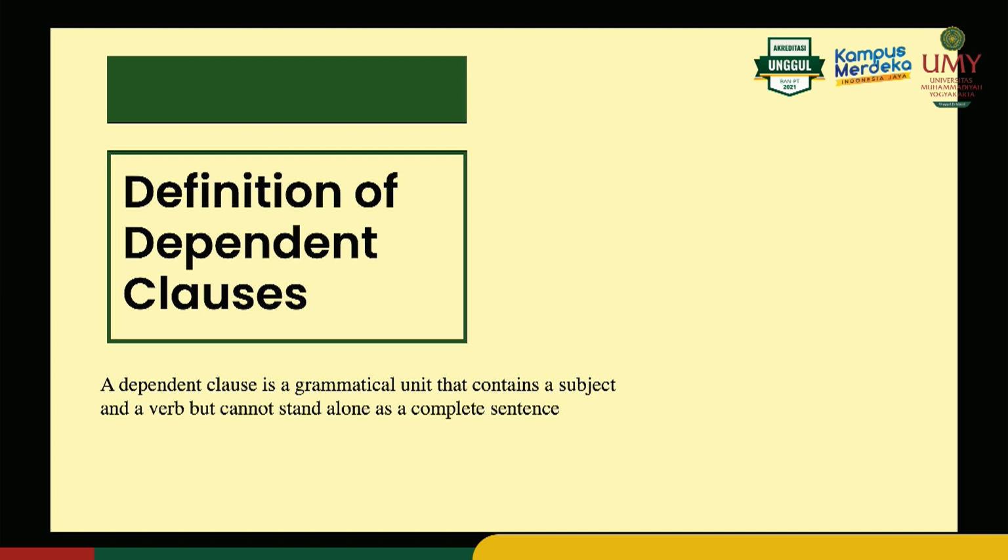So remember, all of the clauses that start with a connector can never stand alone by themselves. It can never have the complete thought. So that's why we call it a dependent clause, and then we have to connect this dependent clause to an independent clause so that we can create a complex sentence.